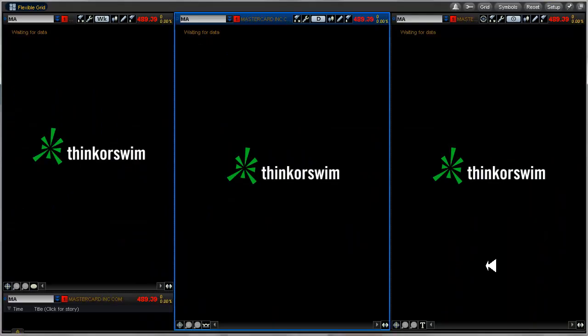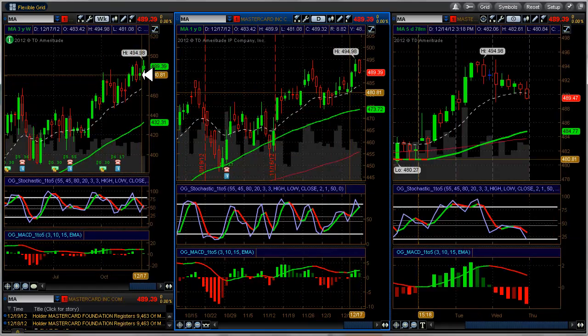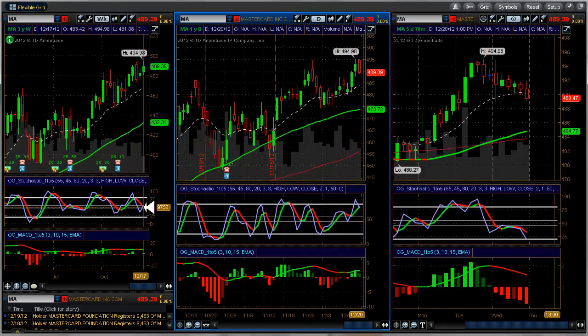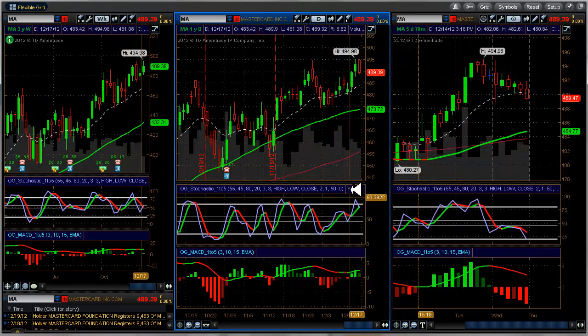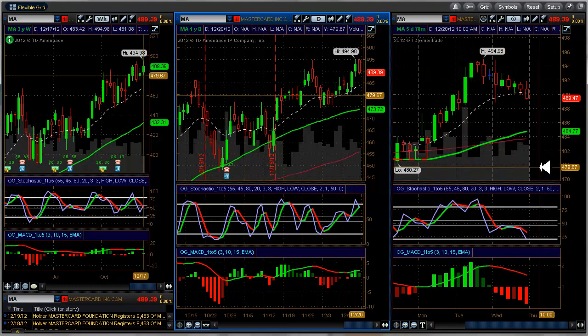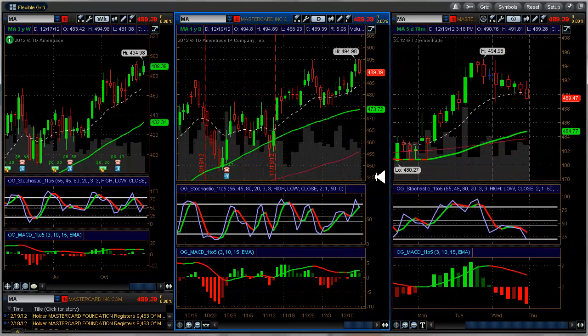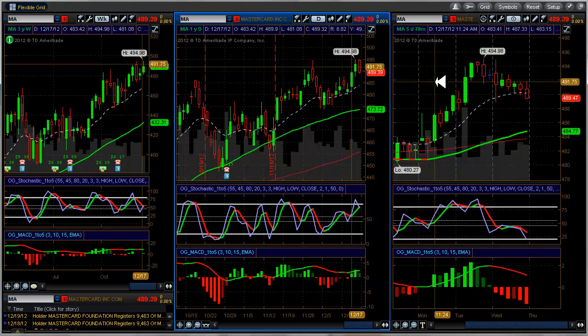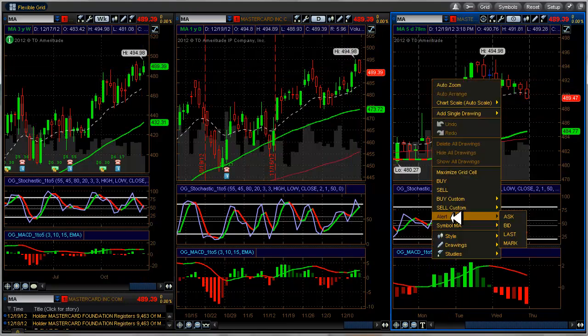MasterCard. Uptrend on the long term, a possible entry here. We did talk about this yesterday a little bit. This pullback here could be a good sign. I am going to put an alert on this. I just want to make sure that I go and take a look at it.